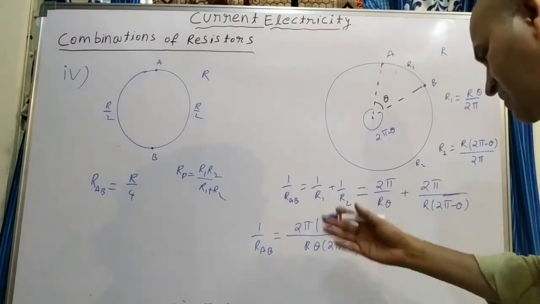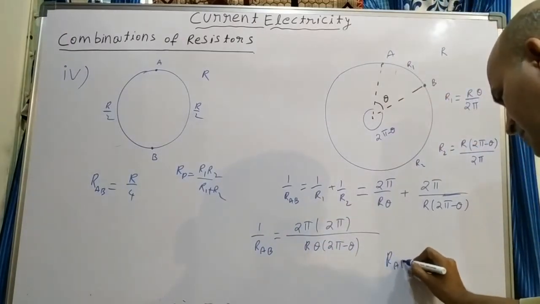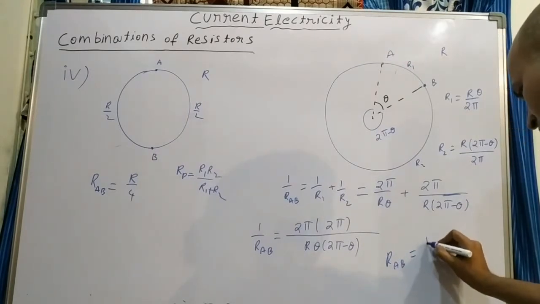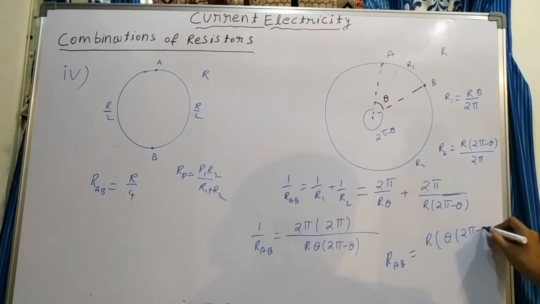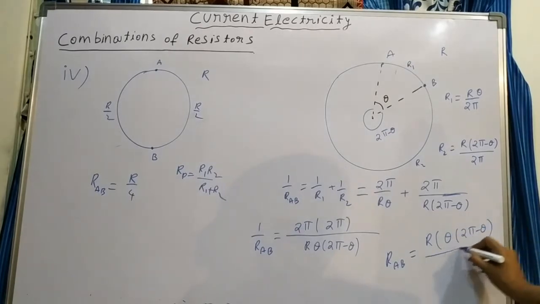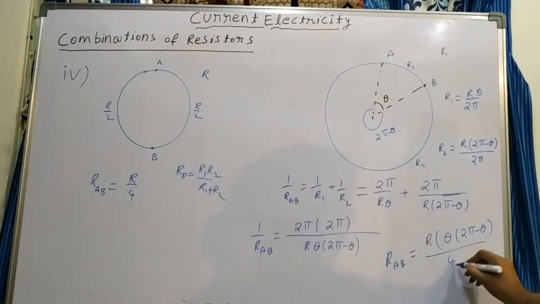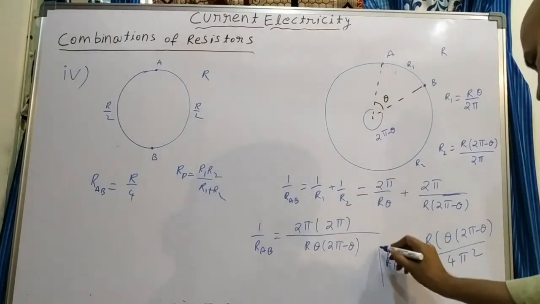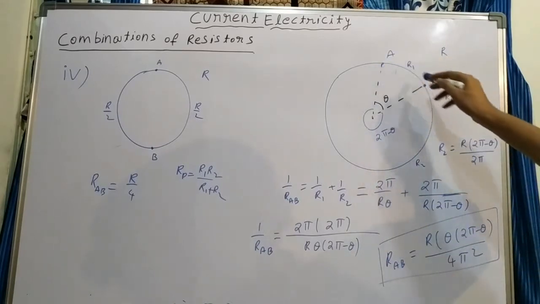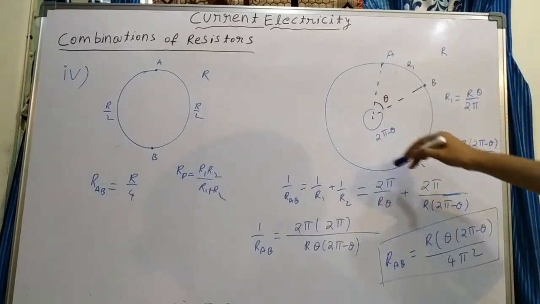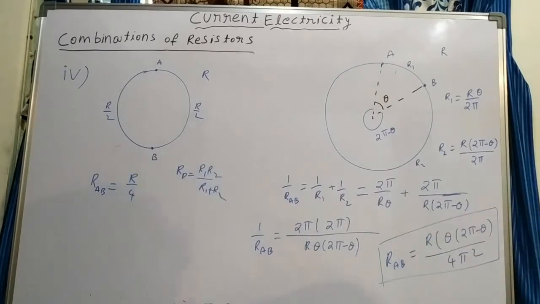So taking the reciprocal, RAB is equal to R into theta into 2 pi minus theta by 2 pi, and 2 pi times 2 pi gives 4 pi square. So you can take points A and B at any position. If you know the angle between those two positions, how much angle they make at the center, then we can calculate the resistance between A and B. This part is R1, this part is R2. We are applying the parallel combination of the resistances.